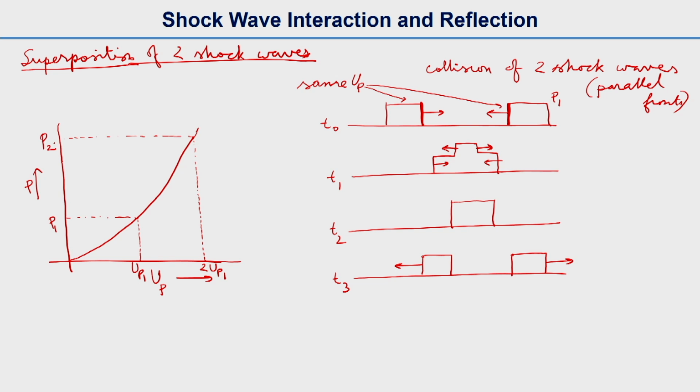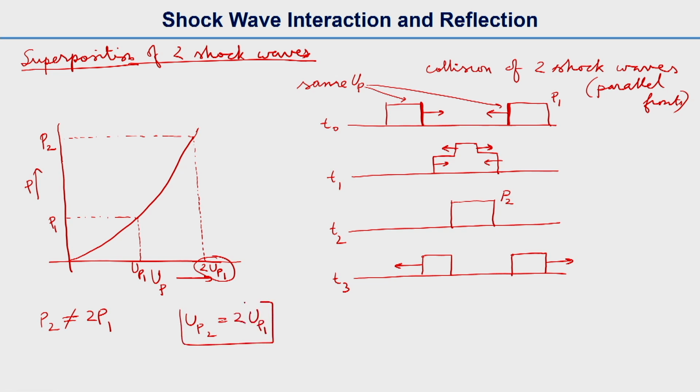In this case, let's say P2, so then we can find that the pressure after superposition is P2. So that's how we can calculate, but we should understand that P2 is not equal to twice P1, but UP2 is equal to twice UP1.